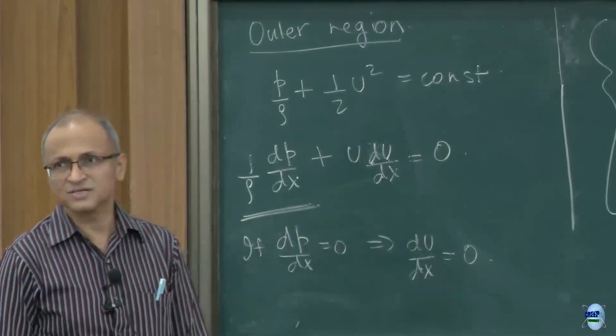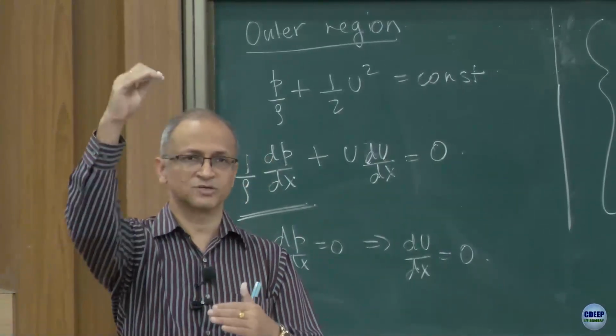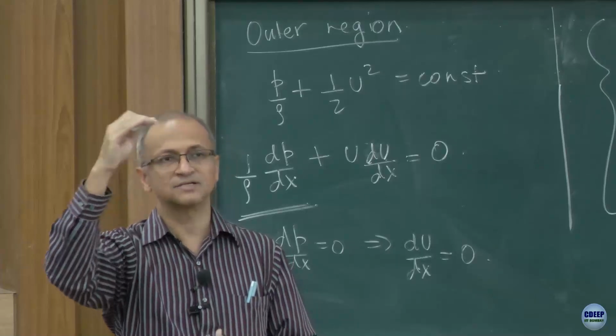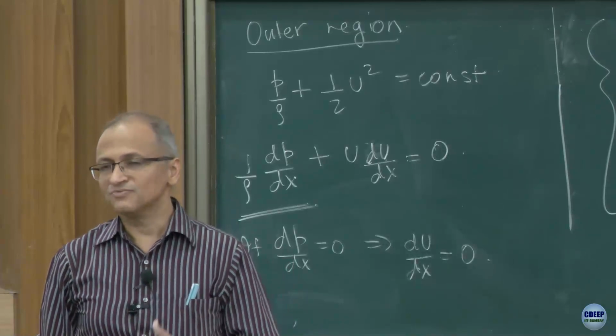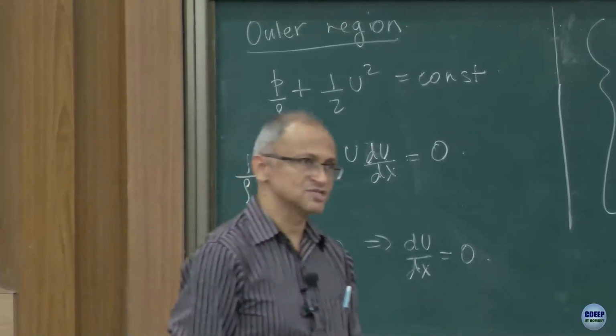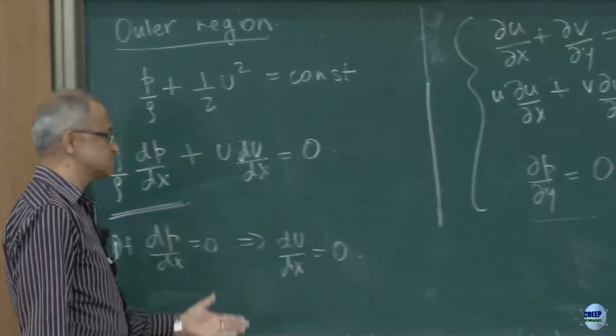This is the case that we are considering. But what is important here is to realize that the flow outside is inviscid. We can apply the Bernoulli equation there, and this simple relationship applies.